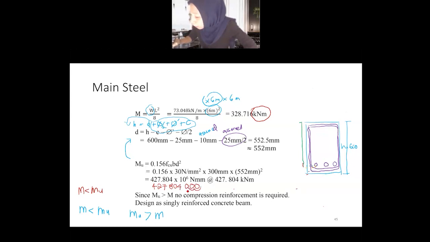Okay, so bagi 1000 bagi lagi 1000. So you dapat 427.804 kilonewton meter. Okay. That's the value. Okay. Betul lah, tak ada masalah. Kita pakai 552, MU bigger than M. So boleh proceed. Round down je tak apa.